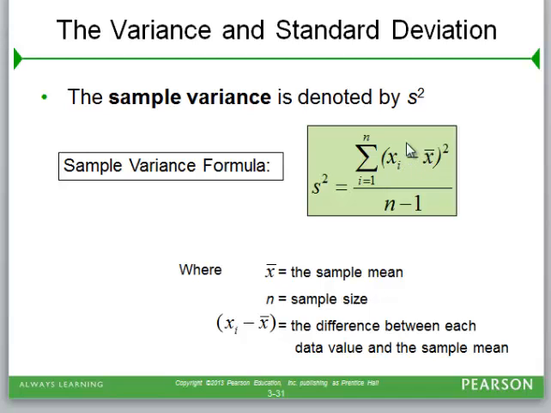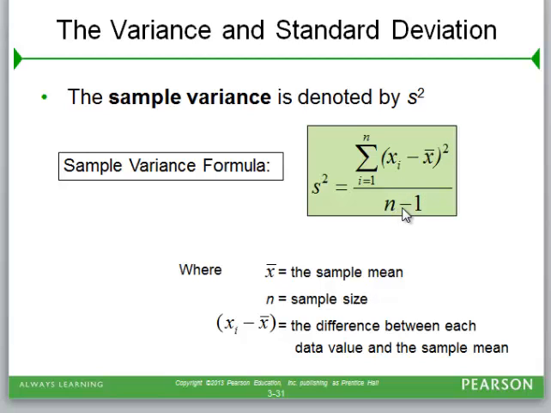Each value minus the sample mean, then square it. And then we have this sigma sign. Sigma means the operation of summing, right? So we need to sum up all the squared differences between the values and the sample mean.